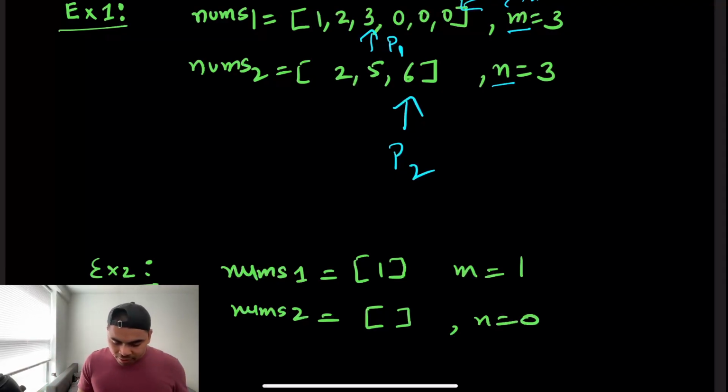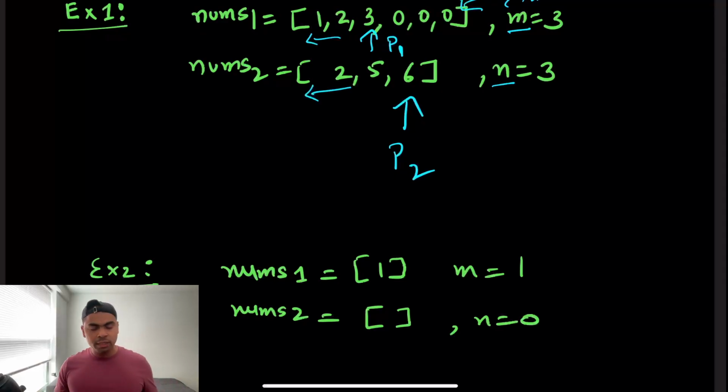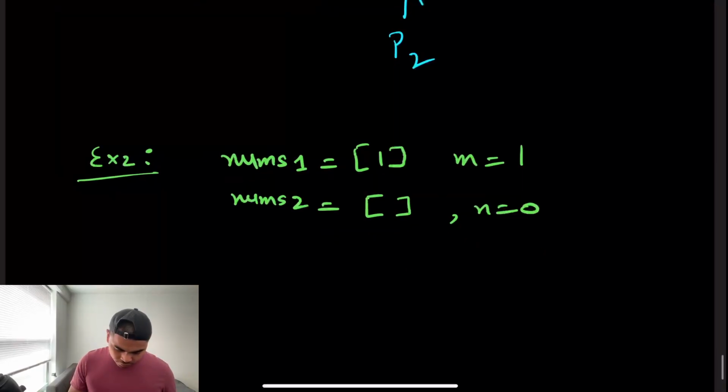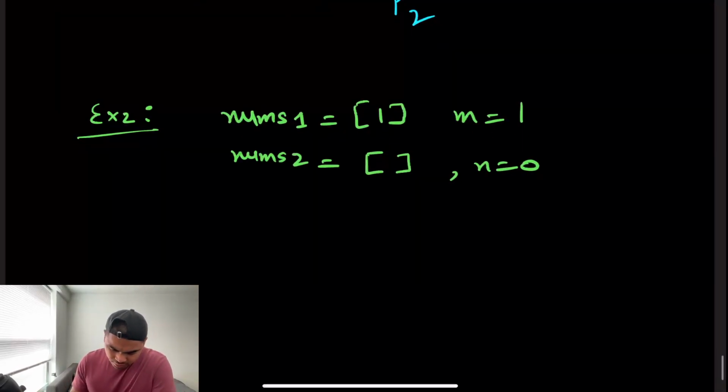By the time we come to the front of both of these arrays, by making this choice, we must have filled nums1 from back to front, all in non-decreasing order.